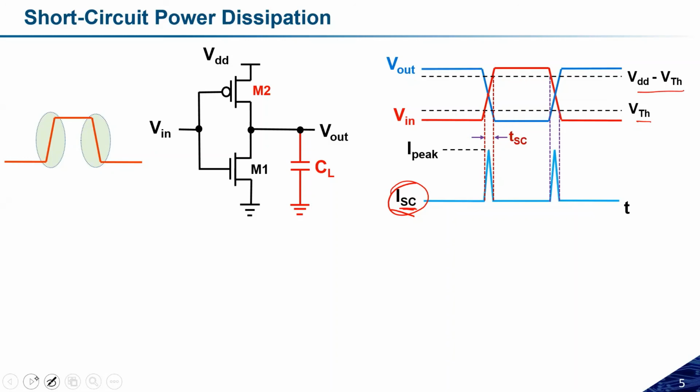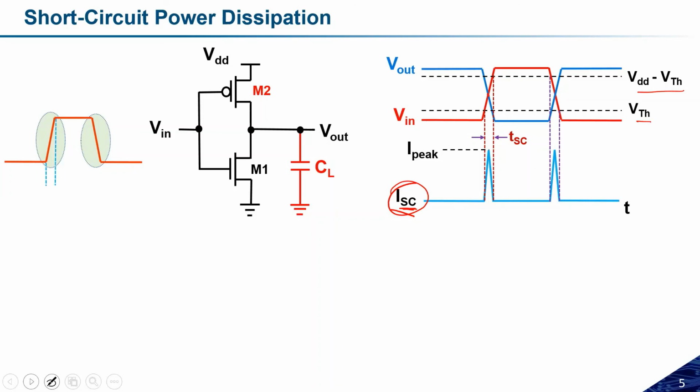So this point we need to consider, especially when I am talking about this. This simply TSC represents that both the transistors are in conducting region. The time period in which both transistors are in conducting region is the TSC.